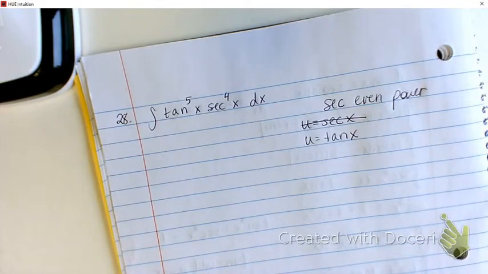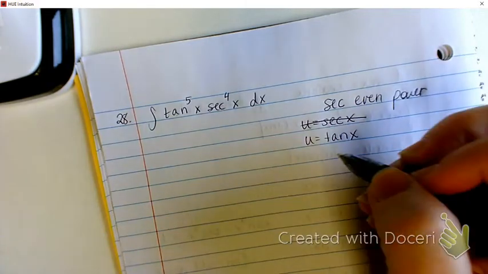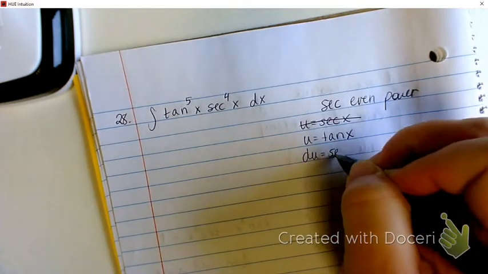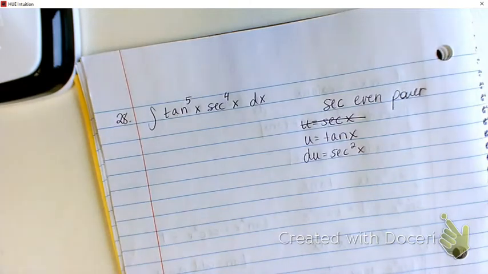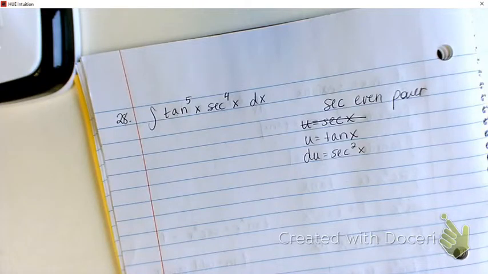If u comes out to be tangent of x, du is going to be secant squared of x. So looking at the information that you see up there, what do you think we're going to do if we want u to be tangent and du to be secant squared? We need to do something with the secant squared.